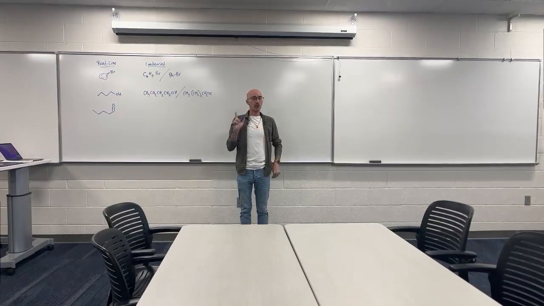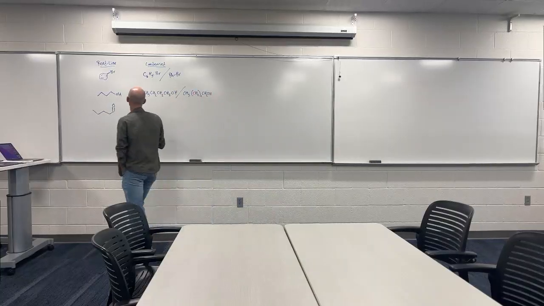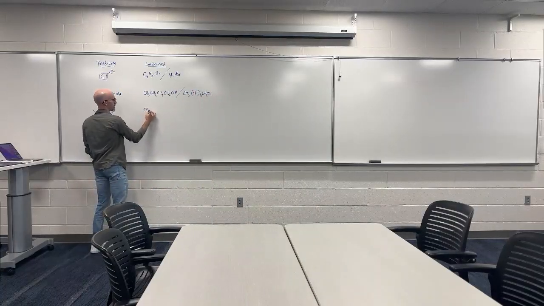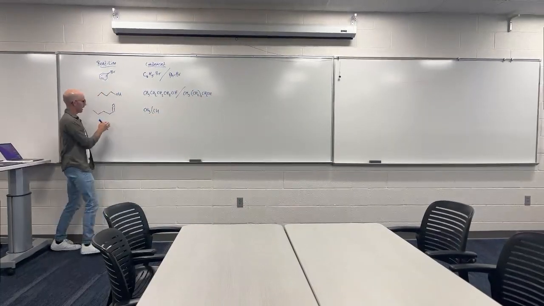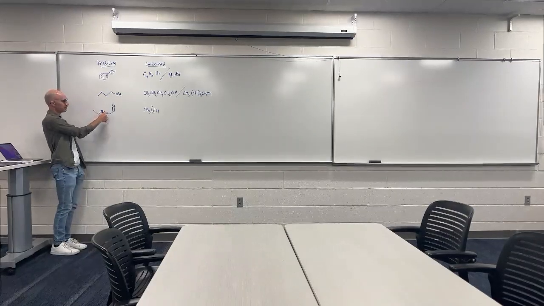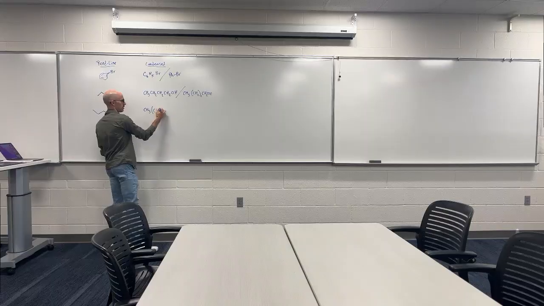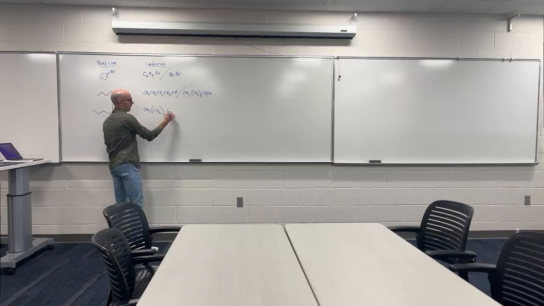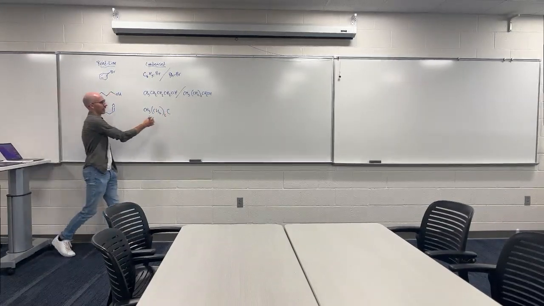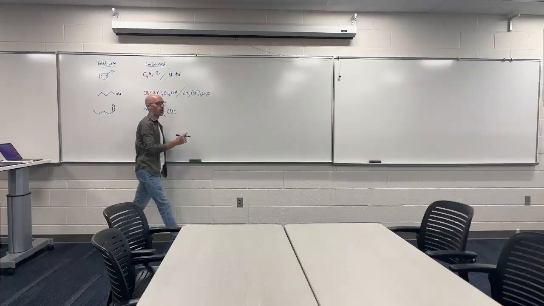Okay, so we can abbreviate this as CH3. Again, now I've got actually 3 CH2 groups in a row. And then at the end here, we'll abbreviate as CHO.